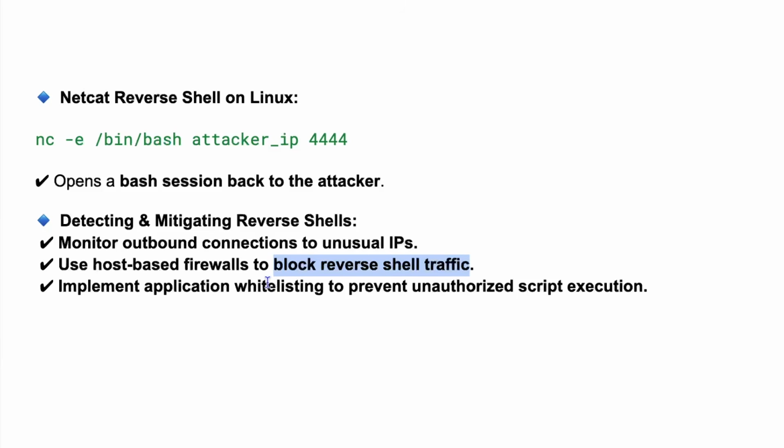So there's a certain type of traffic that you can actually block on that host-based firewall, especially if the host in question is a very important host, a data server, for example, or some kind of sensitive machine, or it's on a very sensitive subnet, and you want to make sure that all of the hosts on that subnet have a host-based firewall that blocks reverse shell traffic.